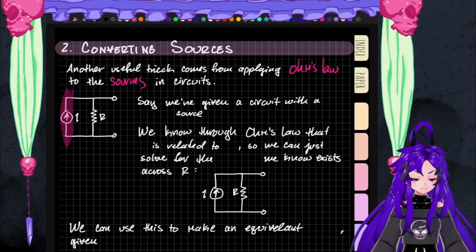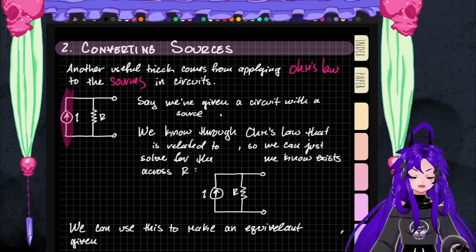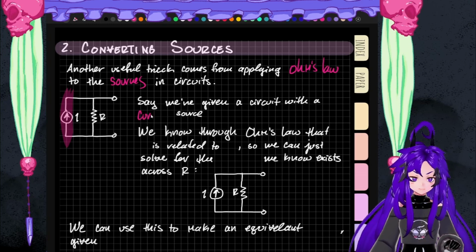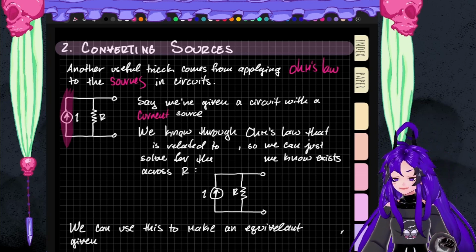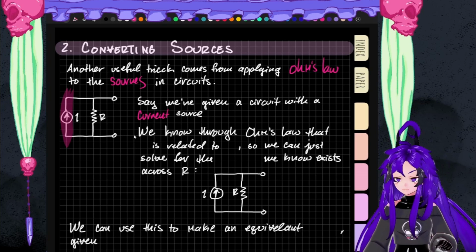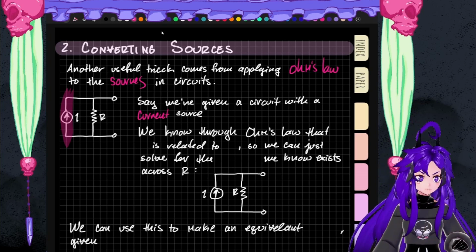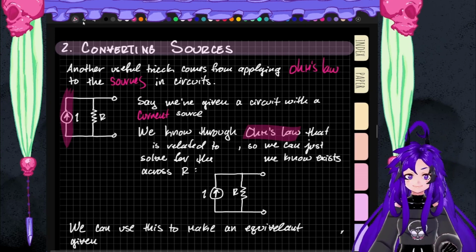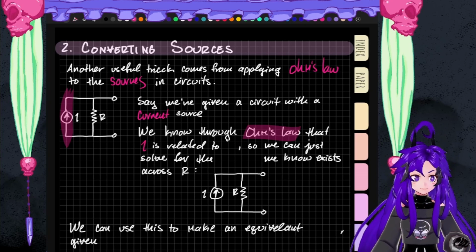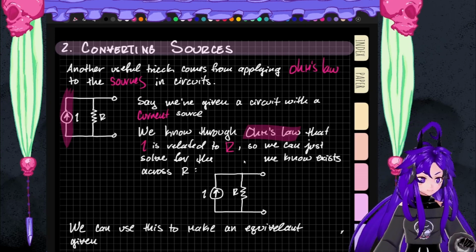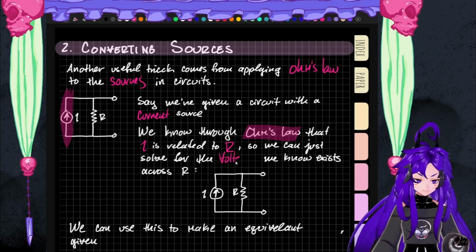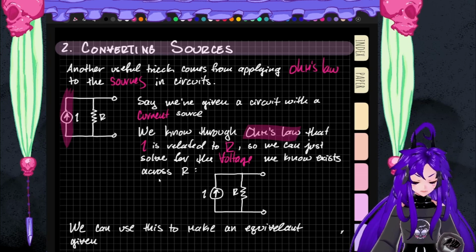So we're given a circuit with a current source against all of our preference. And we know through Ohm's law that current, that I, is related to R. So we can just solve for the voltage. We know it exists.